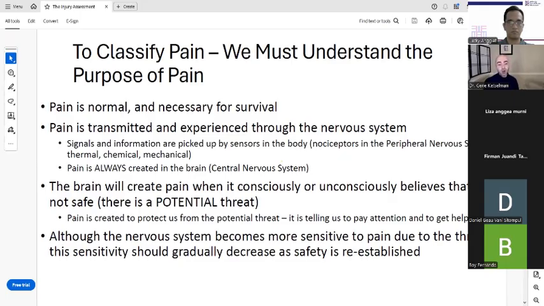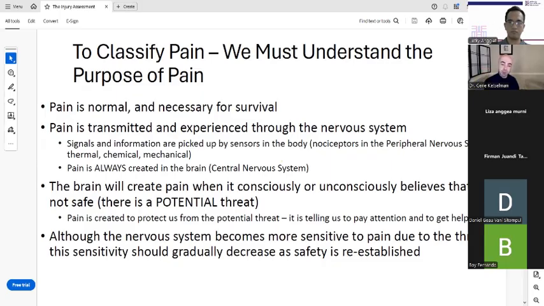All right, so although the nervous system becomes more sensitive to pain due to threat, this sensitivity should gradually decrease as safety is reestablished. So somebody has a fracture, the brain realizes this is dangerous, we need help, so I'm going to create an enormous amount of pain. As that fracture begins to heal, the brain is beginning to realize, all right, this is less threatening because it is healing, and so the pain will gradually go down.